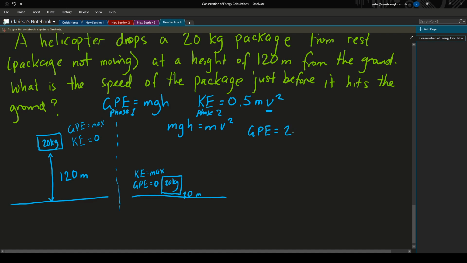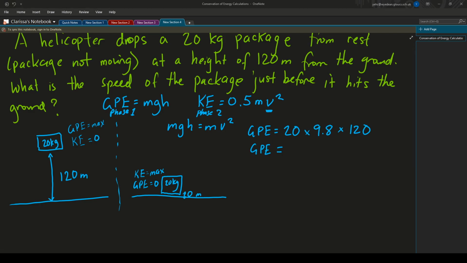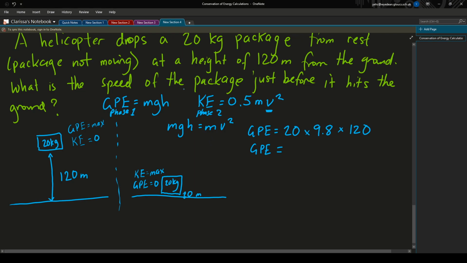So it would have been 20 for m, times 9.8 because of gravity, times h, 120. That should have been what you put in your calculator, and you would have gotten a big number. Let's see, 20 times 9.8 times 120 should have been 23,520 joules.